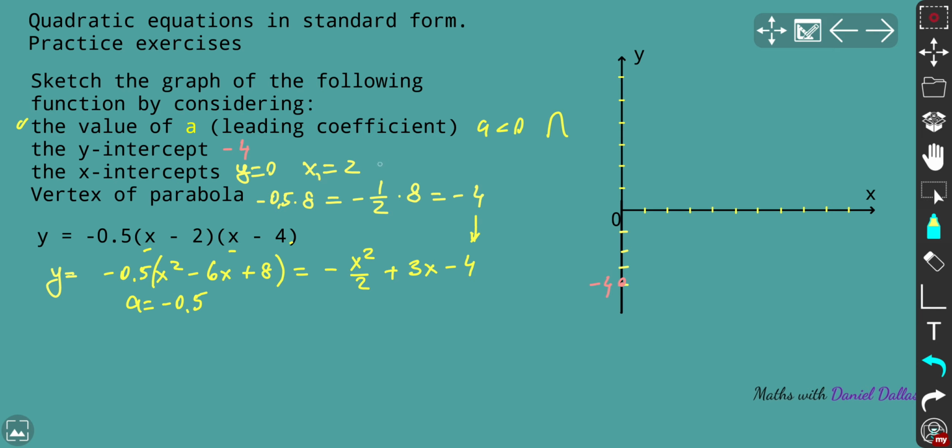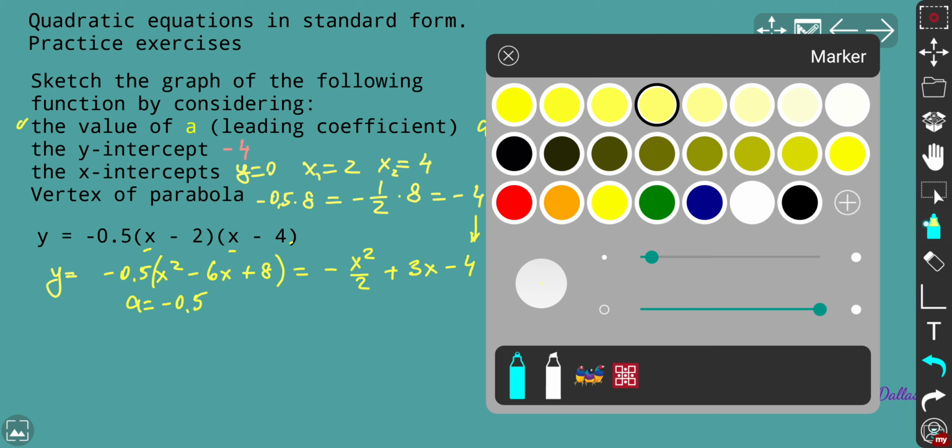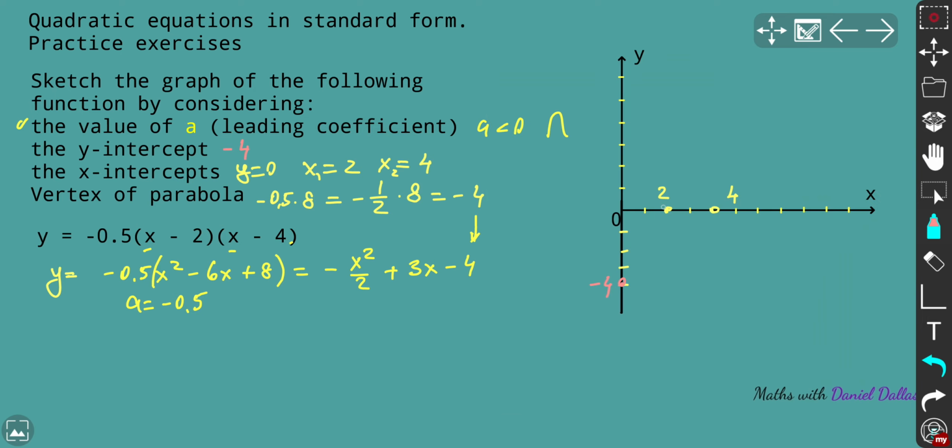And the second x-intercept is x2 equals 4. So we've got 2 and 4. So 2 right here. That's 1. And 3 and 4. This is 4. And we've got both x-intercepts immediately. All right. So we've done everything.